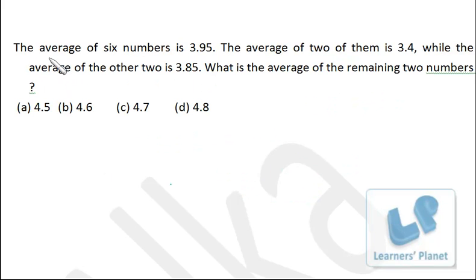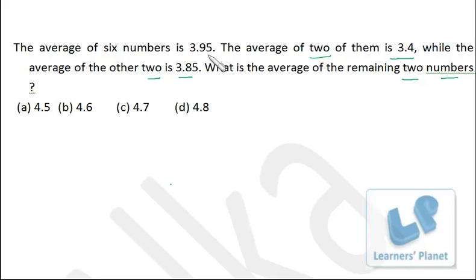Now this question: the average of 6 numbers is 3.95, the average of 2 of them is 3.4, while the average of other 2 is 3.85. What is the average of remaining 2 numbers? Okay, once again the same concept will be used. So the deviation over here is 3.4, 3.95.